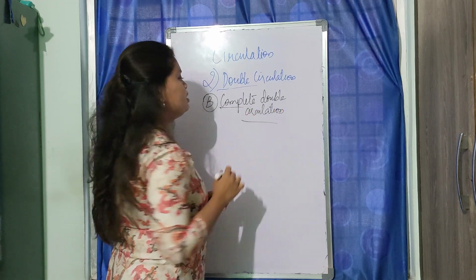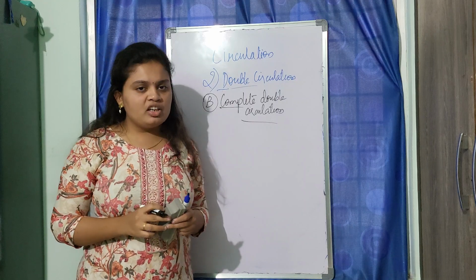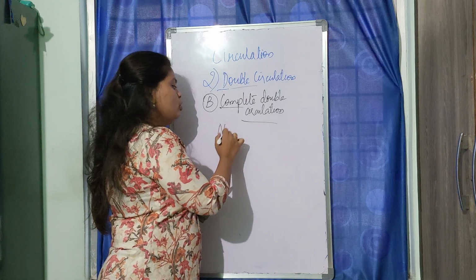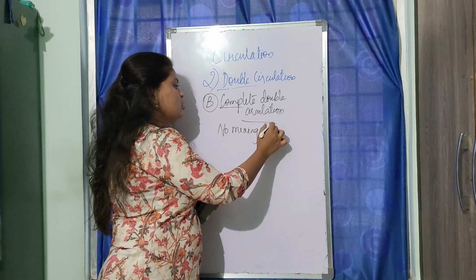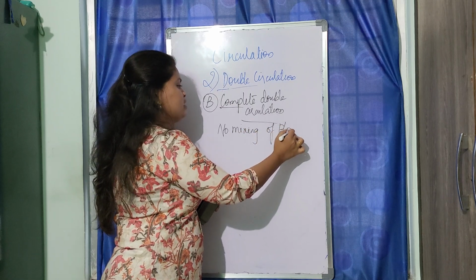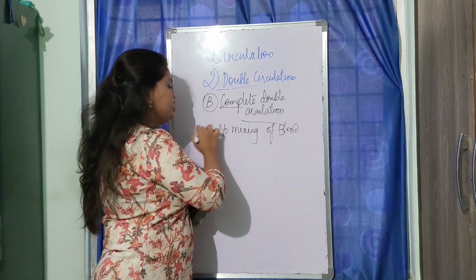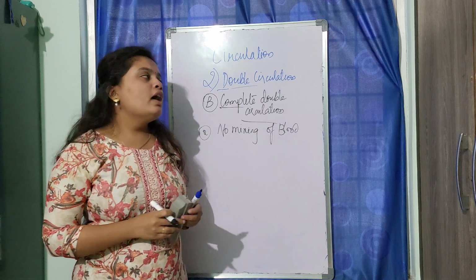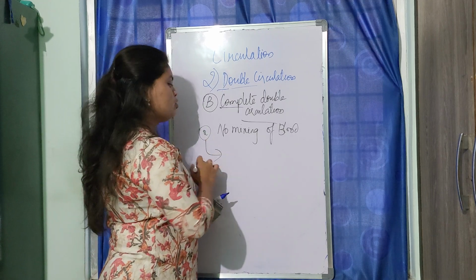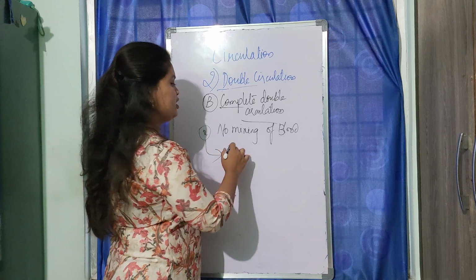In complete double circulation, no mixing of blood happens. Both the oxygenated and deoxygenated blood have a separate pathway because the heart is no longer 3-chambered, it is 4-chambered.